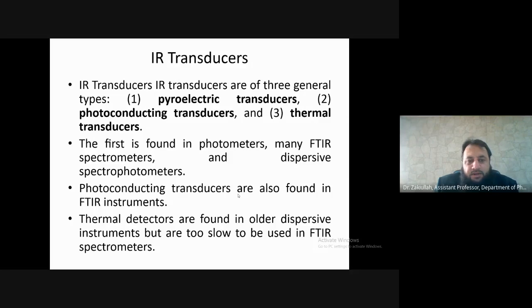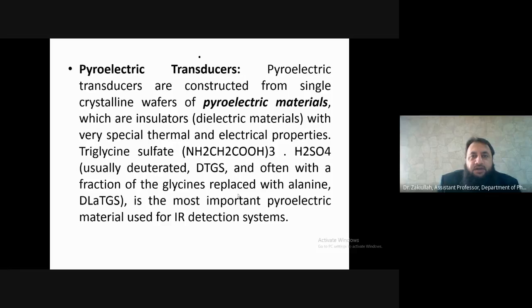The thermal detectors are found in the older dispersive instruments, but are too slow to be used in the FTIR spectrometers. So it means that the most commonly used are the first two, and especially the photoconducting transducers, as we are discussing today.